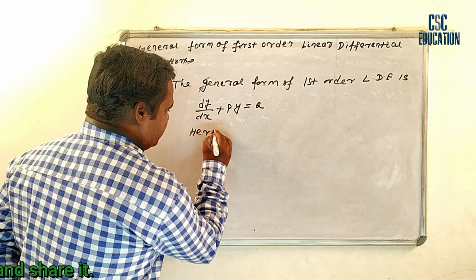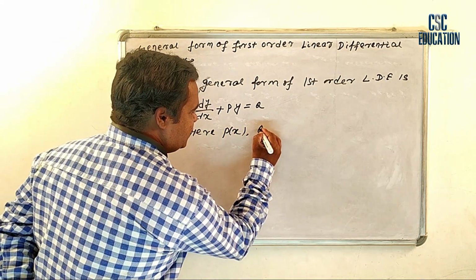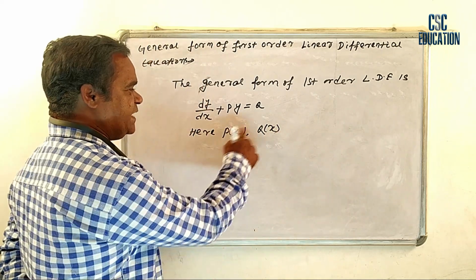Here p is a function of p of x and q is a function of x, that means x is the variable now.